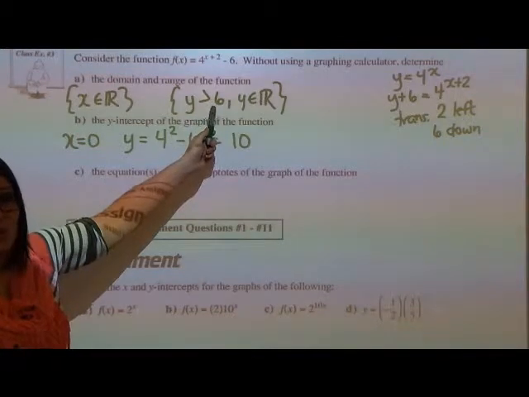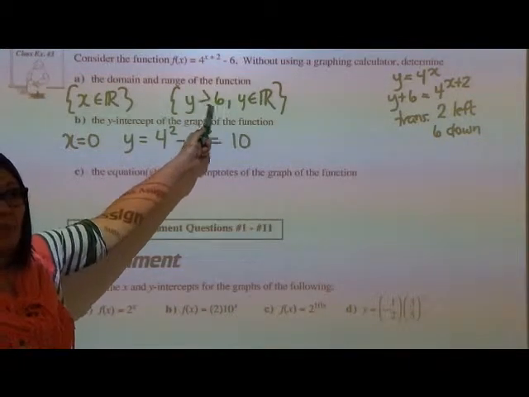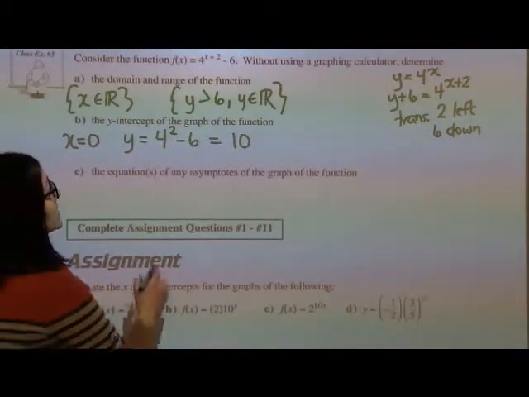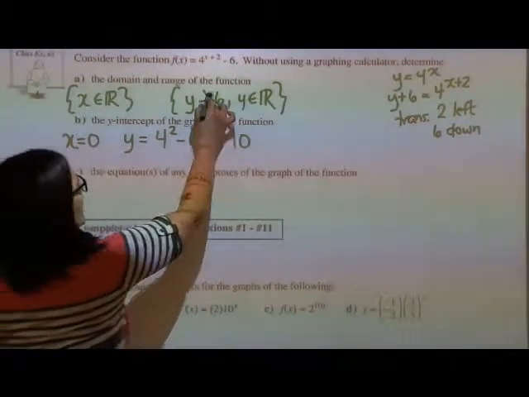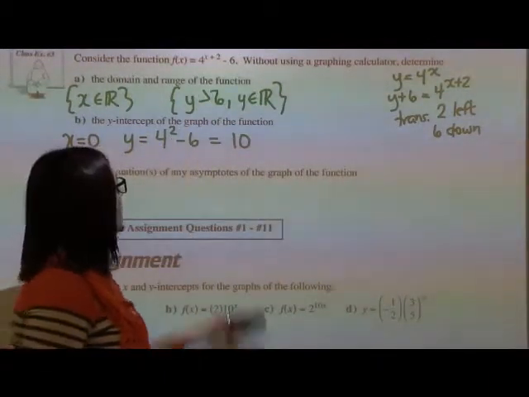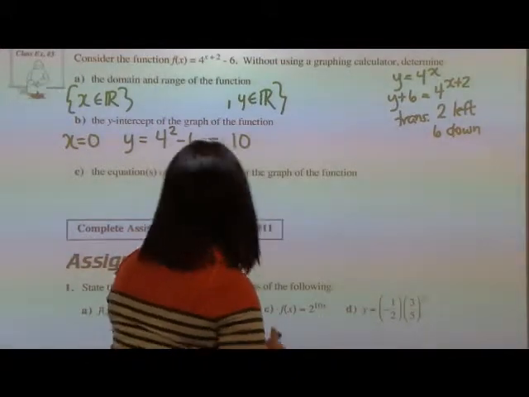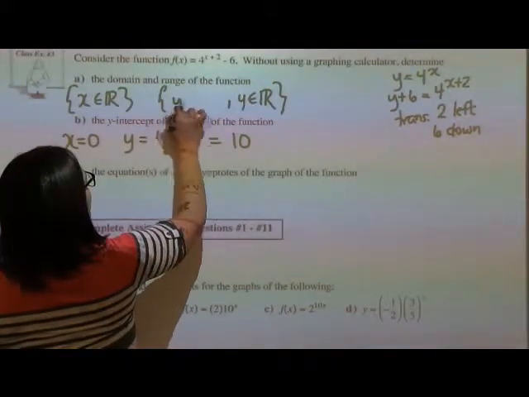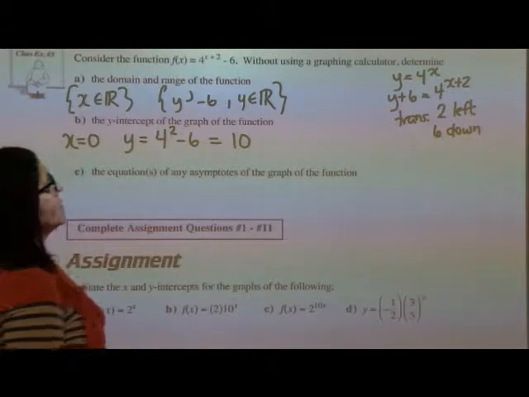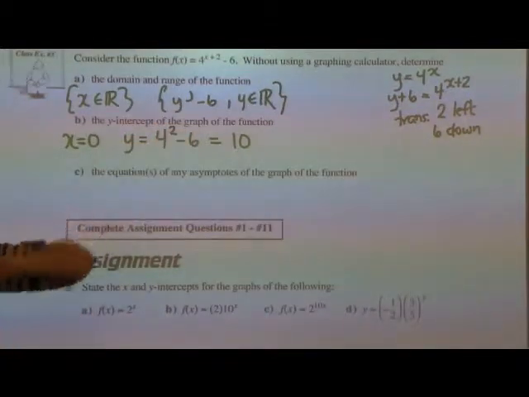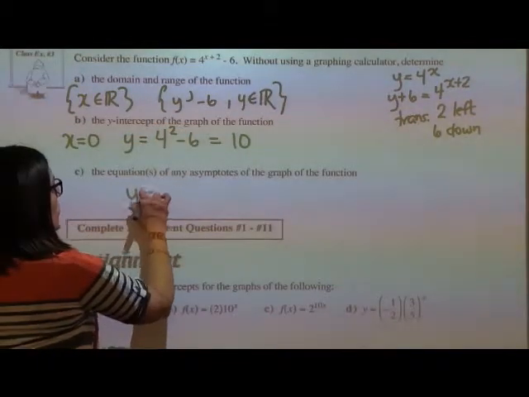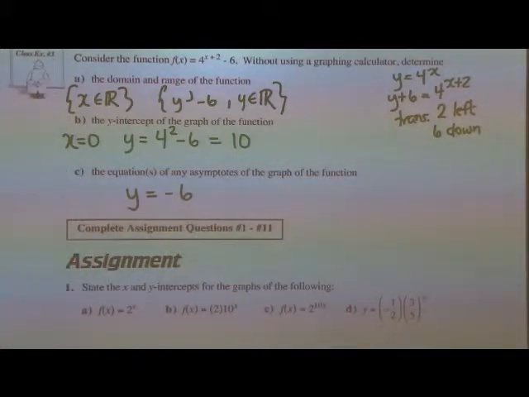My horizontal asymptote matches up to my range. If my range is greater than 6, or sorry, that's 6 down, that should be negative 6. So y should be greater than negative 6, sorry. So if my range has to be greater than 6, my asymptote is then going to be equal to 6.